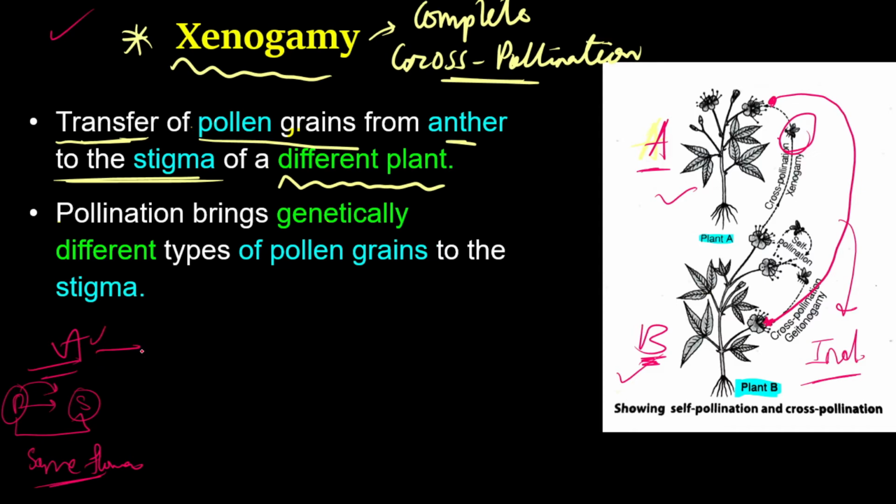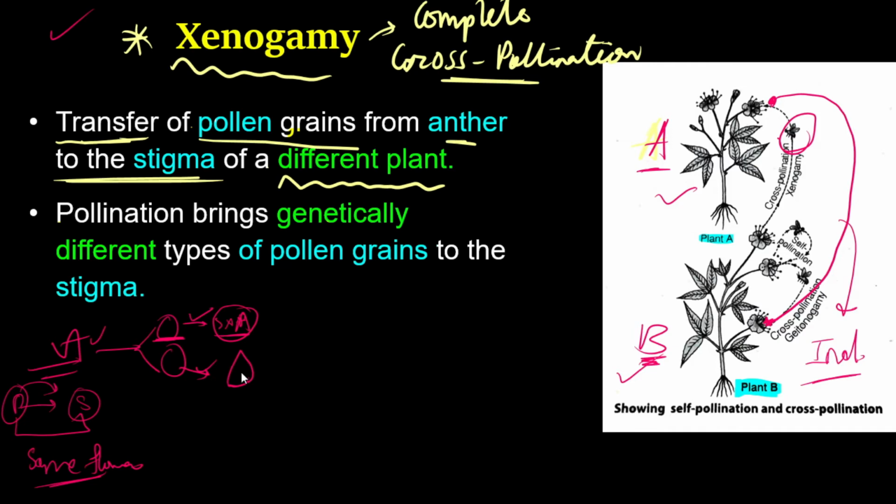Autogamy again produces two kinds of flowers, chasmogamous and cleistogamous. In chasmogamous flowers there may be chances of cross pollination because they have exposed stigma and anthers, while in cleistogamous flowers, anthers and stigma are enclosed within the flower.